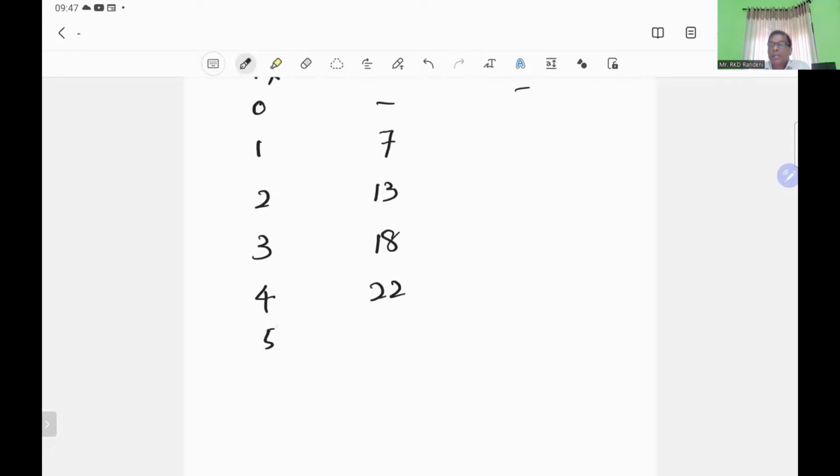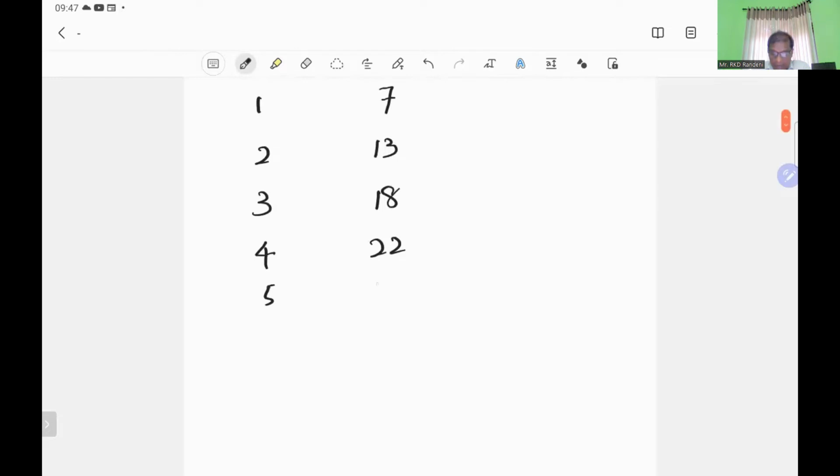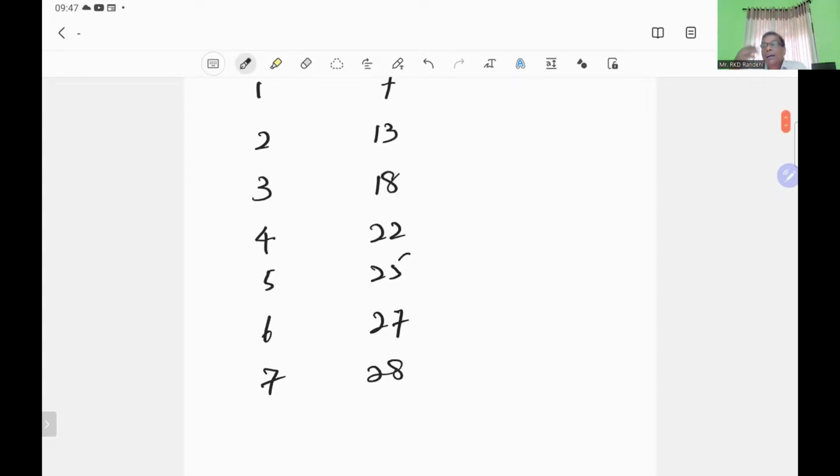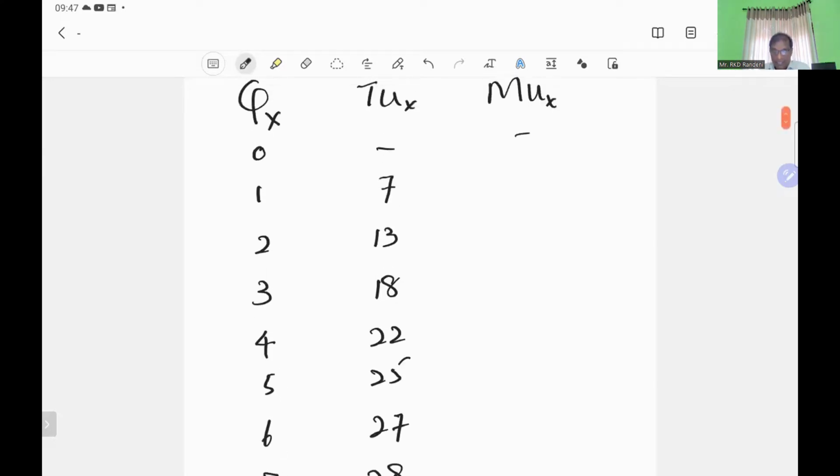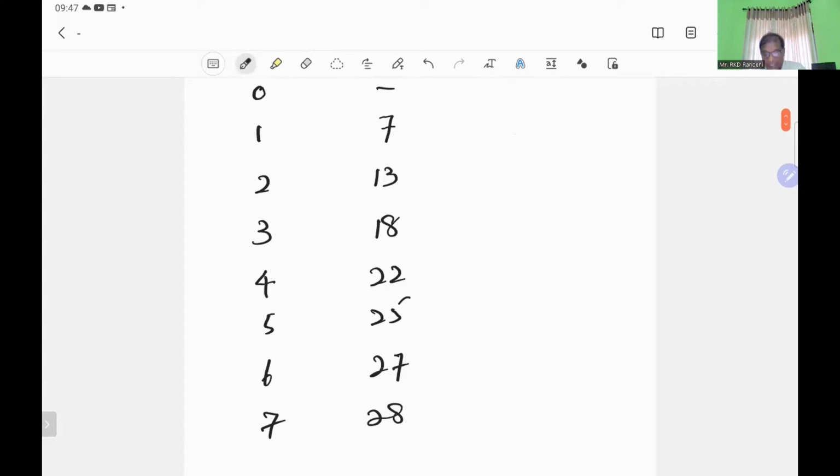Then fifth one you can earn something, 25, sixth one, 27, seventh one, 28. You are taking a glass of water, then another. Now you are full of water. Satisfied. Right? You are taking one by one, the total utility is increasing. 7, 13, 18 like that, 28.